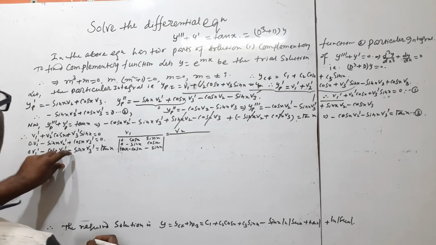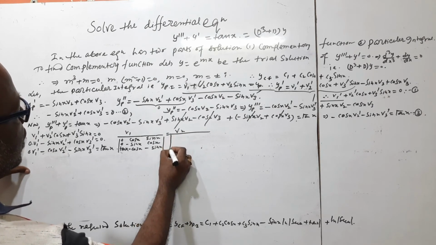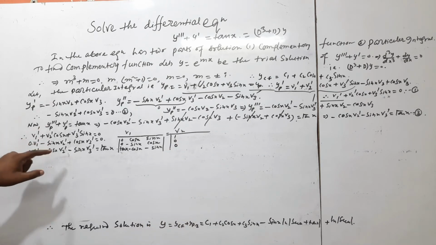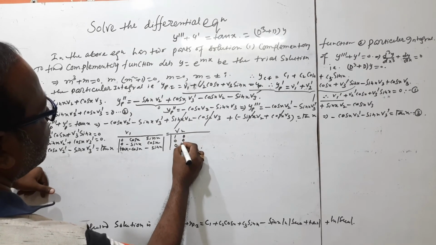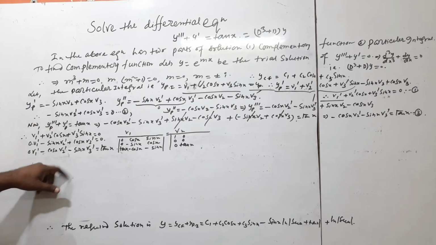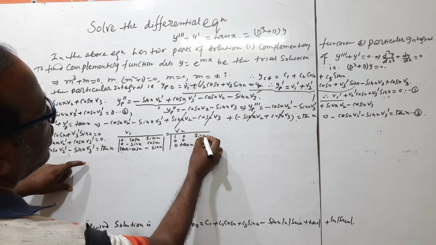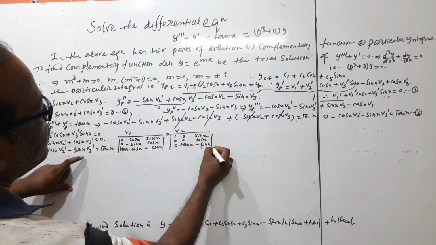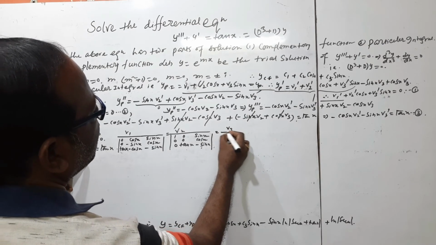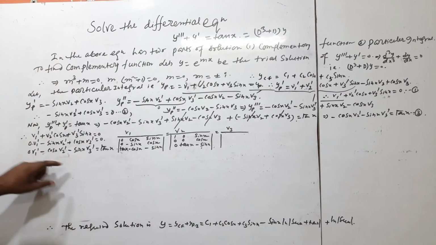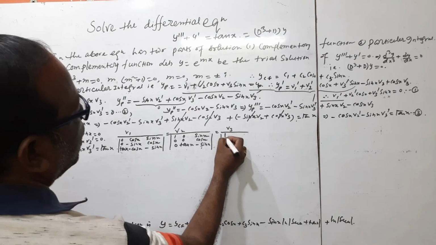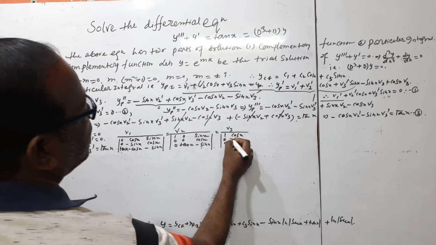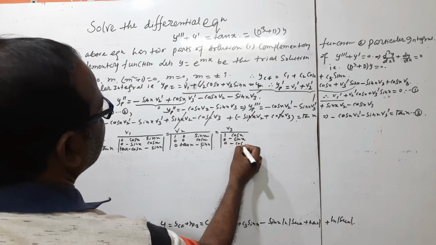v2' over, and this is in case of v2, the coefficient of v1 is unchanged here 1, 0, 0, and the v2 coefficient here is cos x, minus sin x, and cos x, in place of that we put here 0, 0 and tan x, and the coefficient of v3 here is sin x, cos x, minus sin x. v3' over, this is 1, 0, 0, v2 coefficient is cos x, minus sin x, and minus cos x.